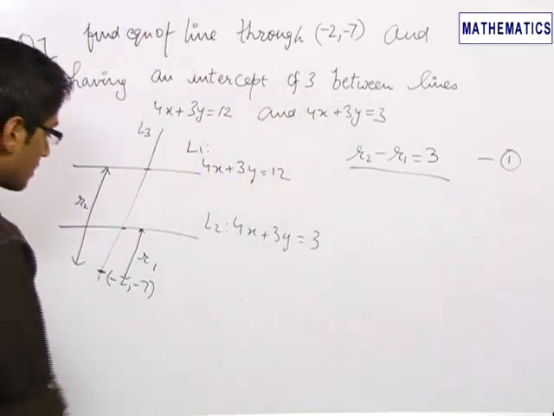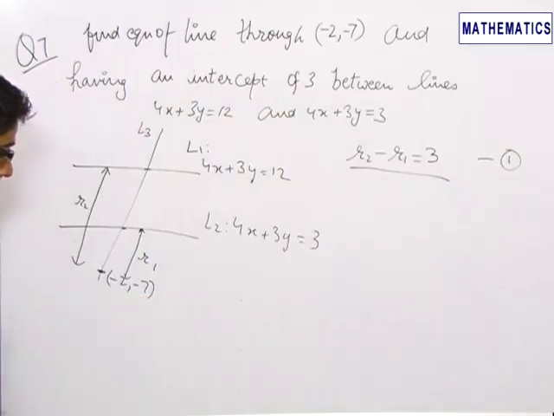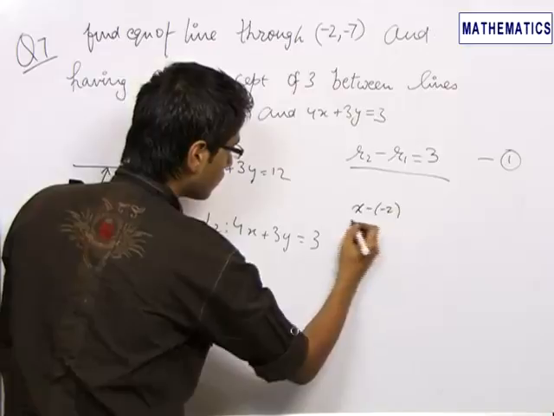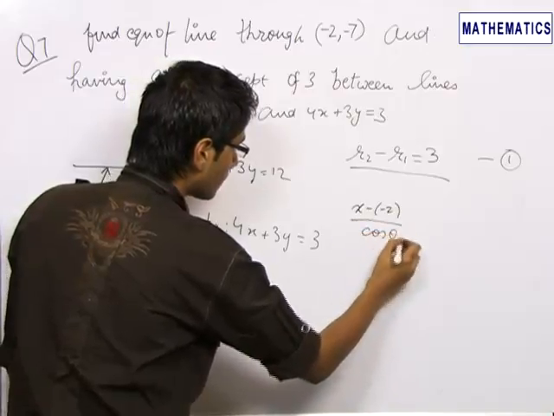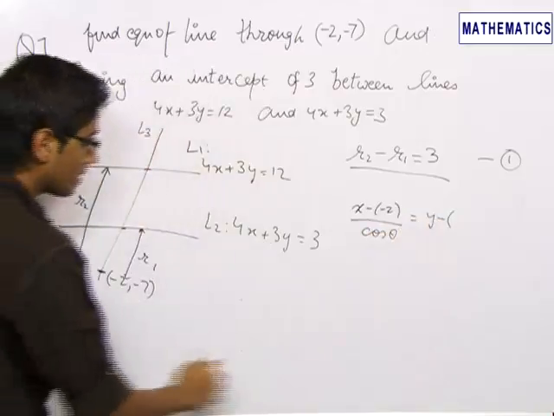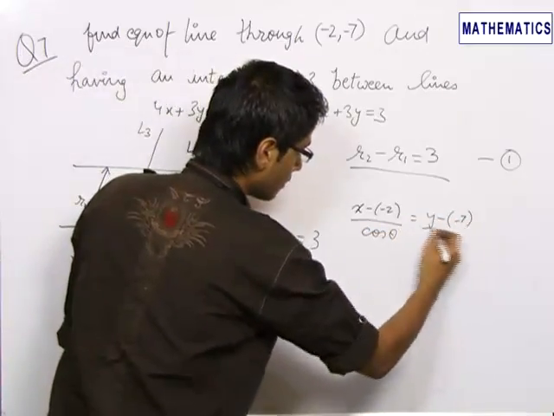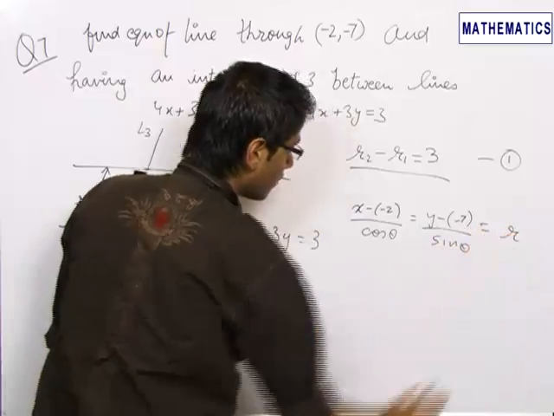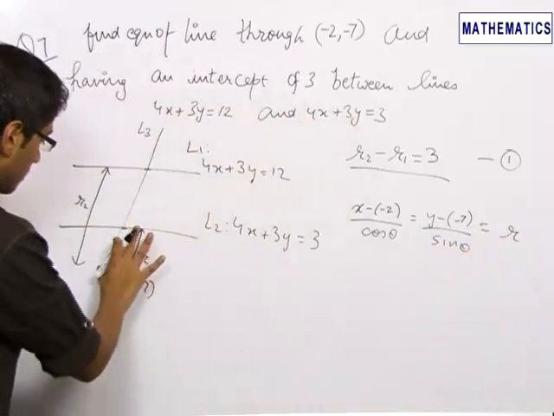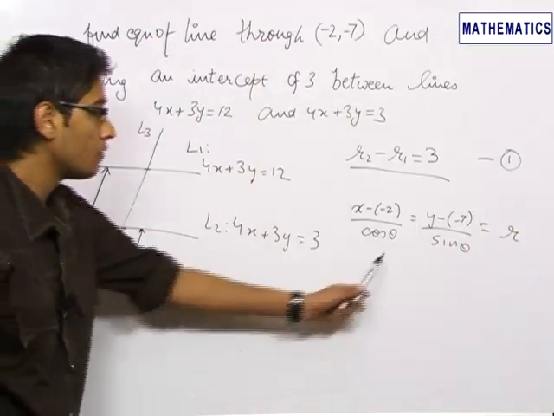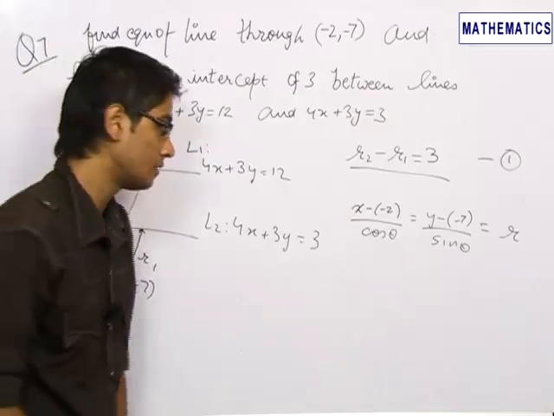Now the parametric form says that any line which passes through (-2, -7) we can write as (x minus (-2)) upon cos theta equals (y minus the y coordinate, which is -7 here) upon sin theta equals r, where r is any general distance from the point, and tan theta is equal to the slope of the line.